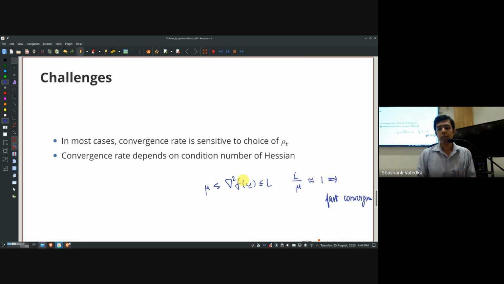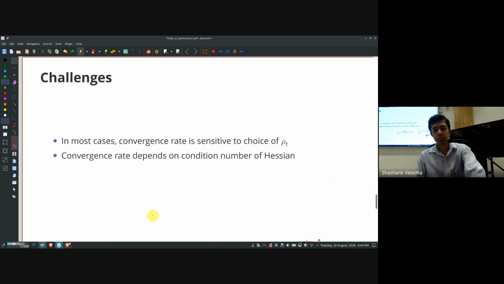And if the eigenvalues are roughly the same, that is, this condition number is very close to 1, then it means that the curvature is roughly the same in all directions. So a constant learning rate tailored to the choice of L and mu can get you to the point of minimum from any point. You start with any arbitrary point, and you can choose the step size appropriately to reach the point of minimum fairly quickly.